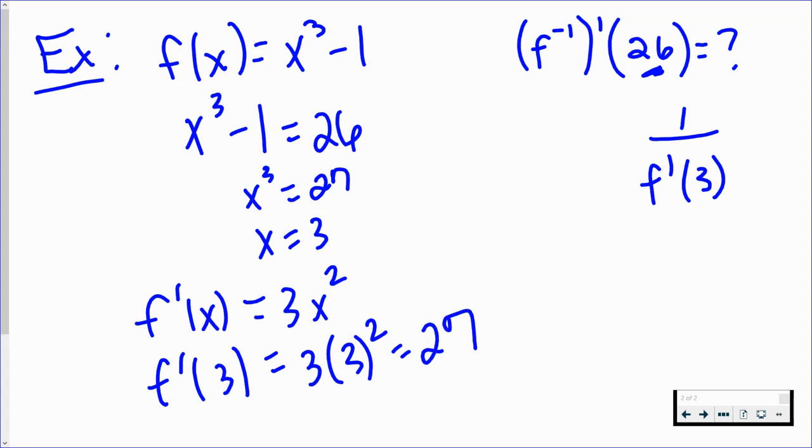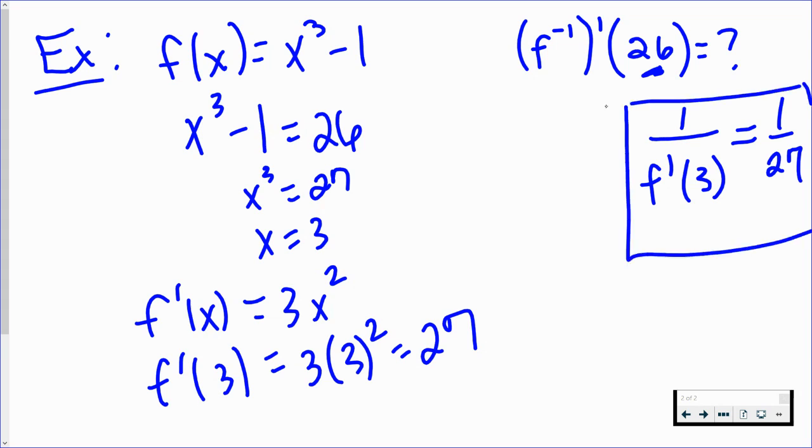Now, that's not always the case. It just worked out for this one example that you're going to get that same number. So 1 over 27 is the derivative of the inverse at 26.